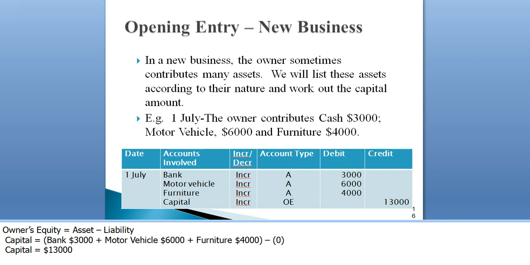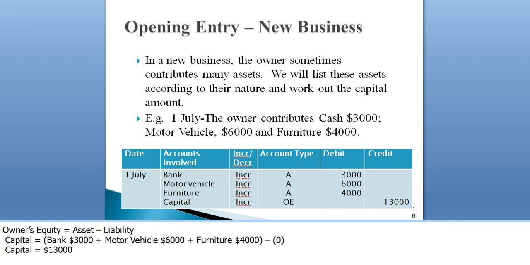So on the 1st of July, the owner contributes cash 3,000, motor vehicle 6,000, and furniture 4,000. You simply list the assets accounts accordingly and write the value on the debit side because it's according to the nature of asset. Then you need to work out the capital value.